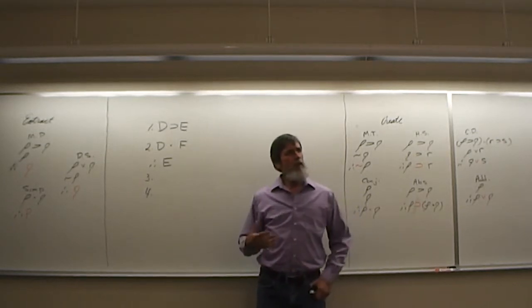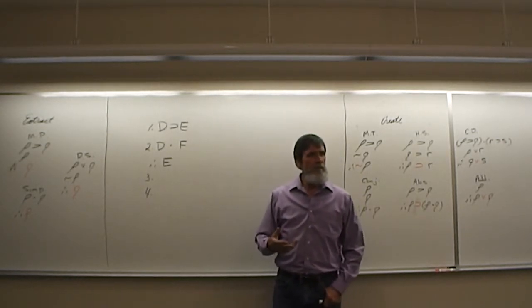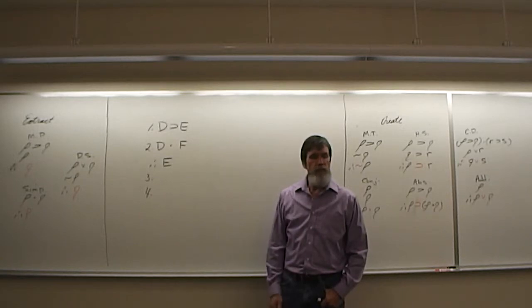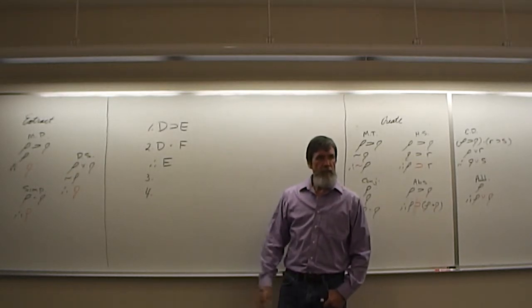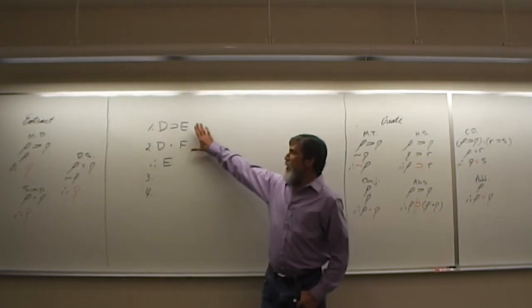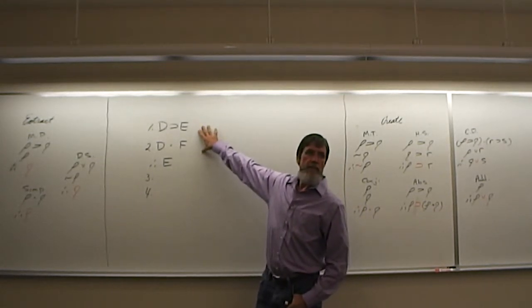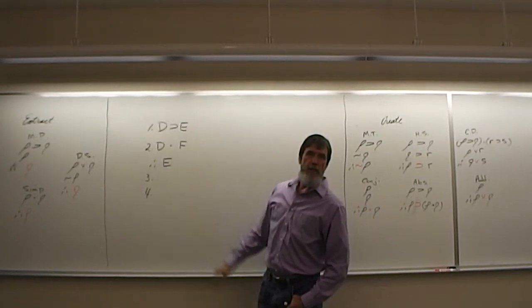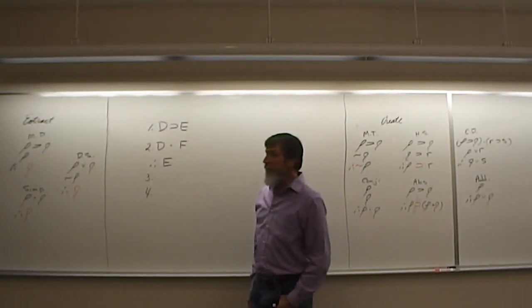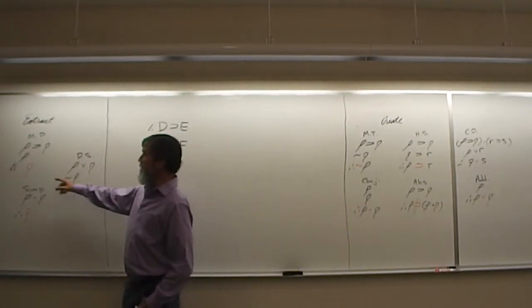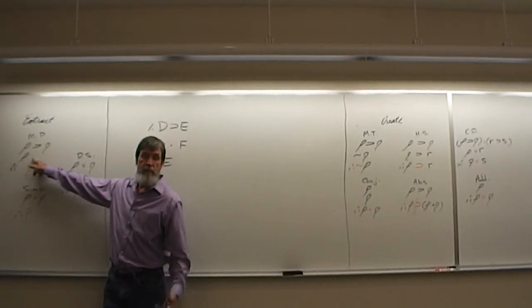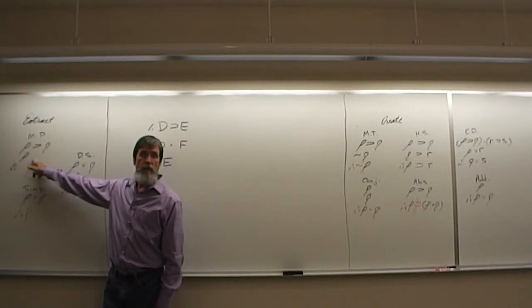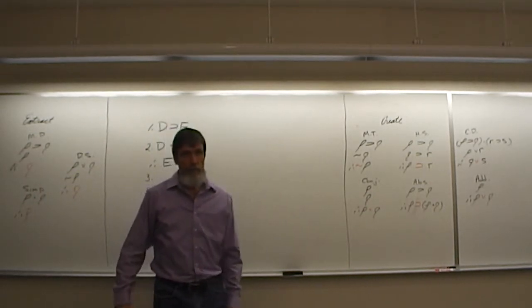Now, I'm not going to go through this next thing too much. I'm going to say it a few times and then leave it alone. No matter how complex a premise is in our original argument, it could be substituted for a premise in our rules that is just a simple statement variable. Because anything can be substituted for a simple statement variable, right?